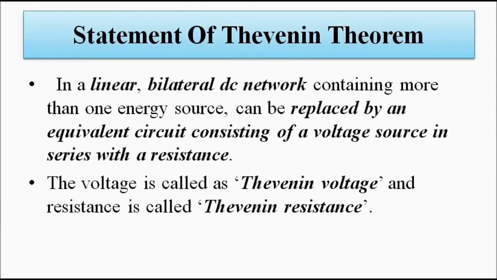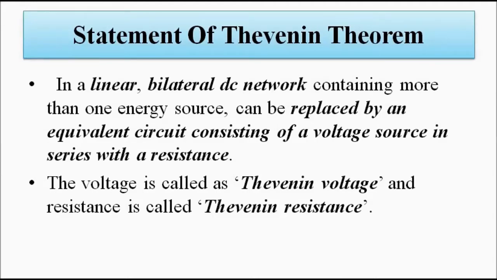So the statement of Thevenin theorem is that any linear, bilateral, two-terminal DC network, meaning only resistors and DC voltage and current sources, containing more than one energy source, be it any number of voltage or current sources, can be replaced by a simple equivalent circuit consisting of a single voltage source in series with a resistance.